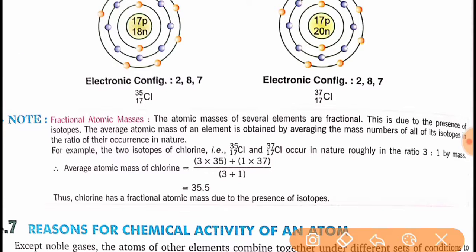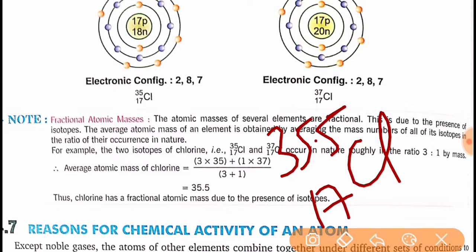So the atomic mass average is 35.5. So that's why we write it as 35.5. Now you have understood why we write the atomic mass of chlorine like that. This is 17 and 35.5. We write it as a fraction.